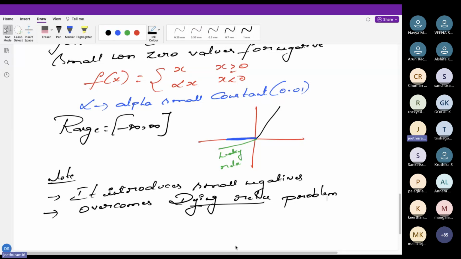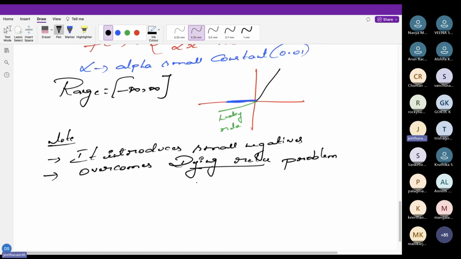You know what is dying ReLU? Dying ReLU in the sense your ReLU is making your negative values zero, na? If the value becomes zero, your neuron will die. Your neuron will vanish. Understood?